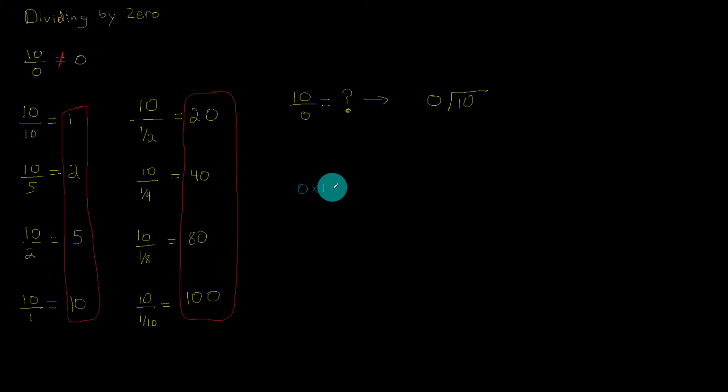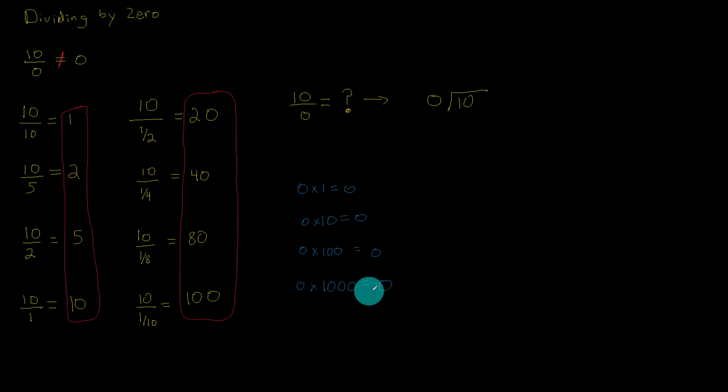So 0 times 1 is equal to 0. 0 times, well, let's try 10. 0 times 10 is equal to 0. And we could say 0 times 100, well, that also equals 0. And 0 times, well, let's try 1,000. Guess what? Still equals 0.